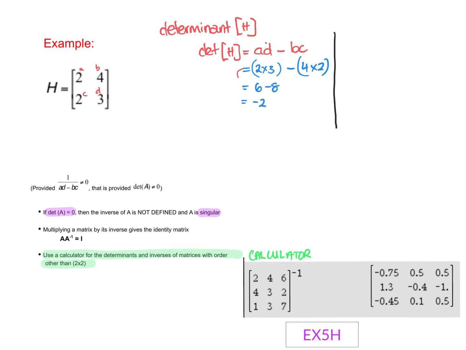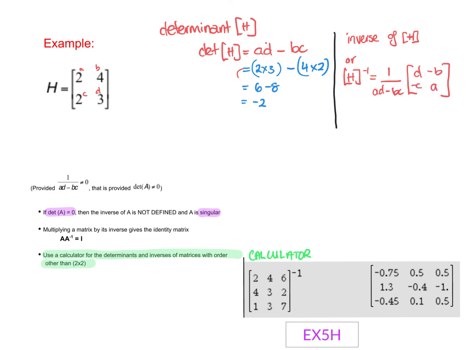Now, if I'm asked to find the inverse of H, so we could write it like that, or I might just say find H, I might write negative 1, the inverse. So the rule actually is 1 over AD minus BC. Then we flip those two and we make these ones negative.